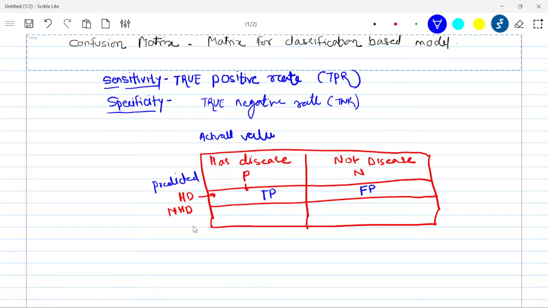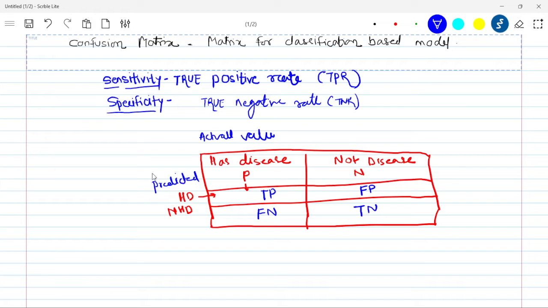If a person has a disease but we predicted the person doesn't have disease, then it is called a false negative. And if my model predicted not having disease and the actual is not having disease, then this is called a true negative. This is something we have already gone through in detail in my previous video.